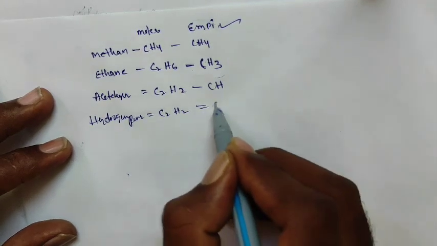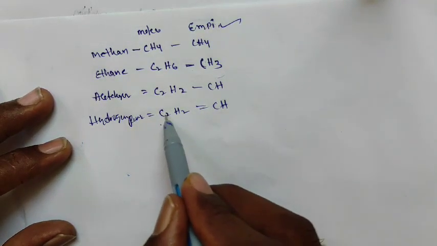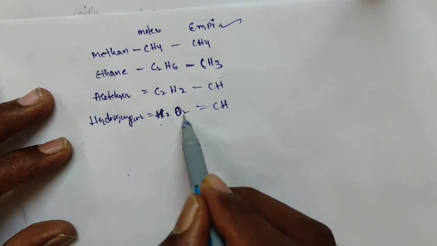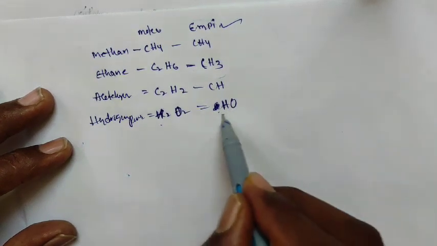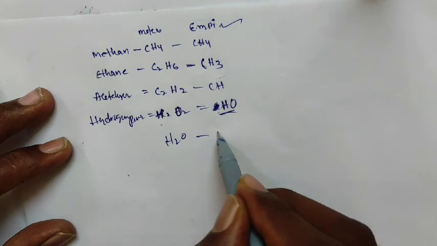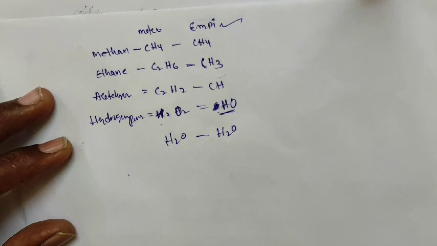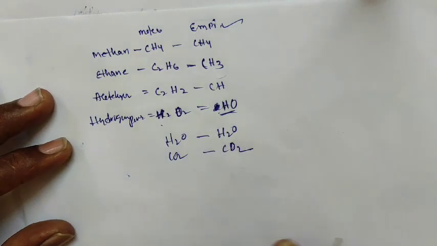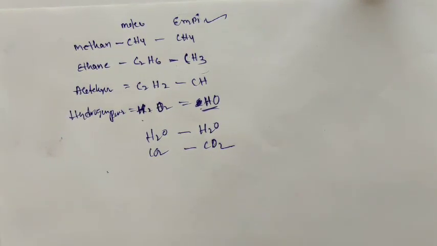Hydrogen peroxide: H2O2 is the molecular formula, HO is the empirical formula. But water is H2O, and the empirical formula is also H2O, since it cannot be divided. CO2, the empirical formula is also CO2. This is the difference between empirical formula and molecular formula.